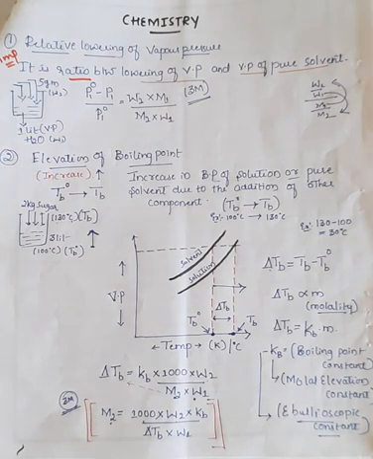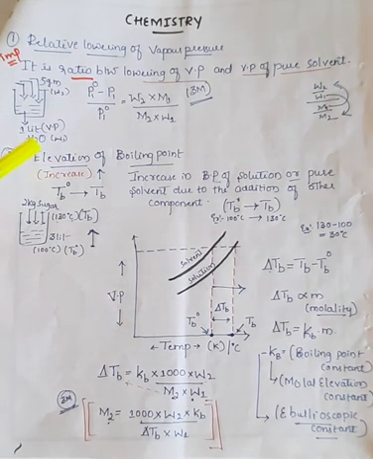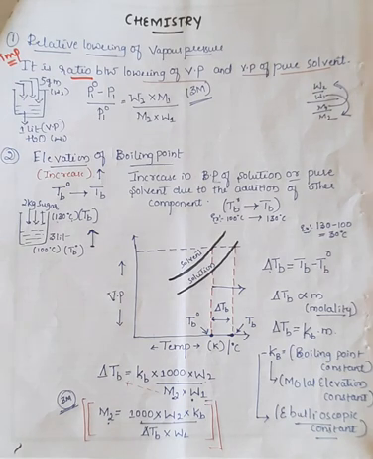So there is a lifting in the boiling point, or an increase in the boiling point. That condition is called elevation in boiling point. This is also an important colligative property. Elevation of boiling point depends only on the quantity, that is the number, not on the quality. It does not depend on the nature. Therefore it is regarded as a colligative property.